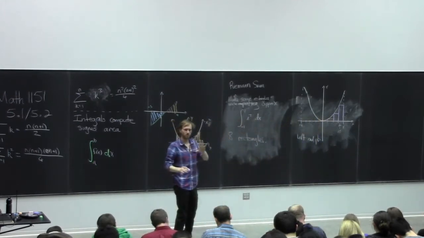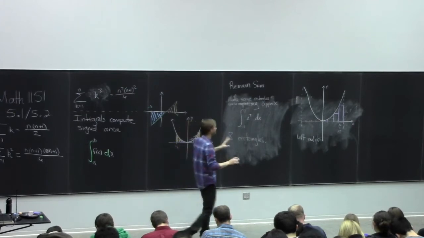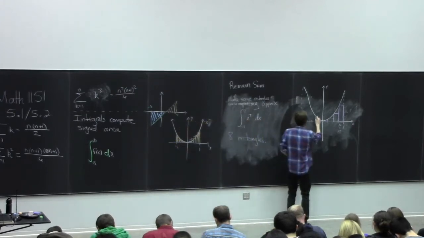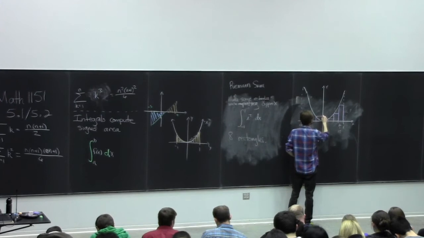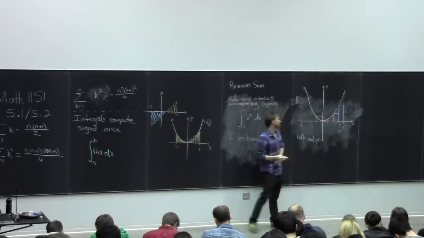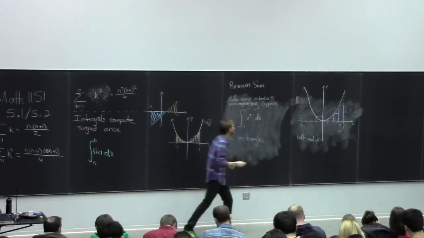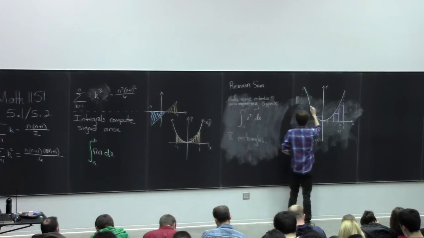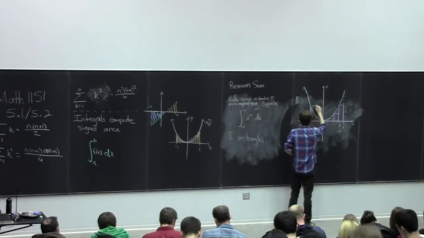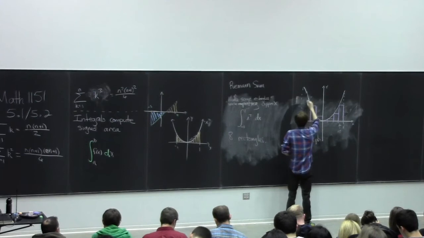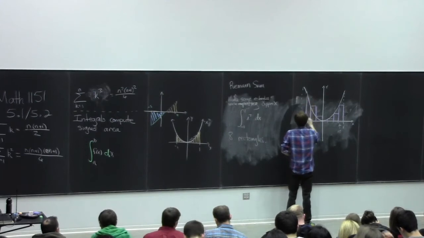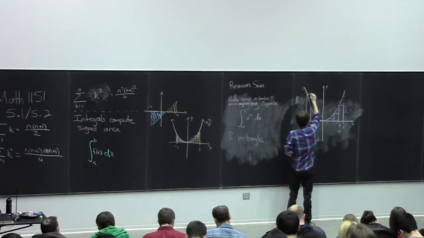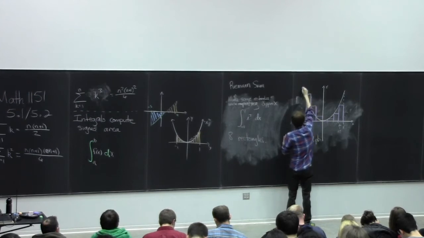All right, so now I'll draw the other one, with the right endpoint touching the curve. So look what's going to happen. There's the one rectangle. Here's the next rectangle. There's the next rectangle.